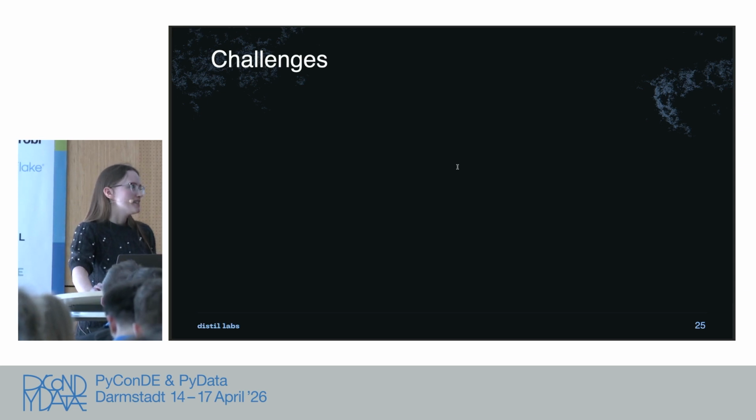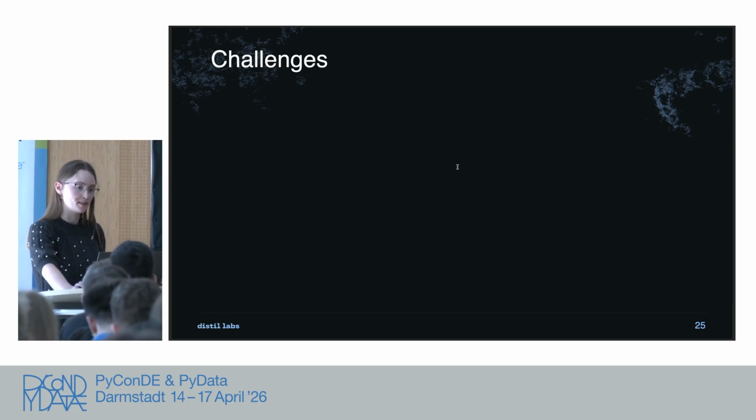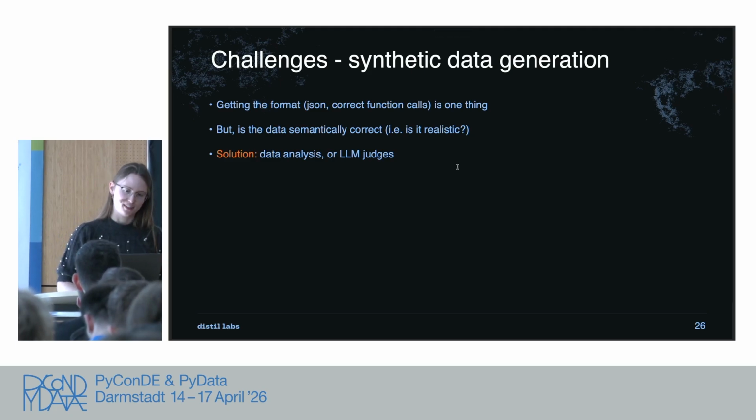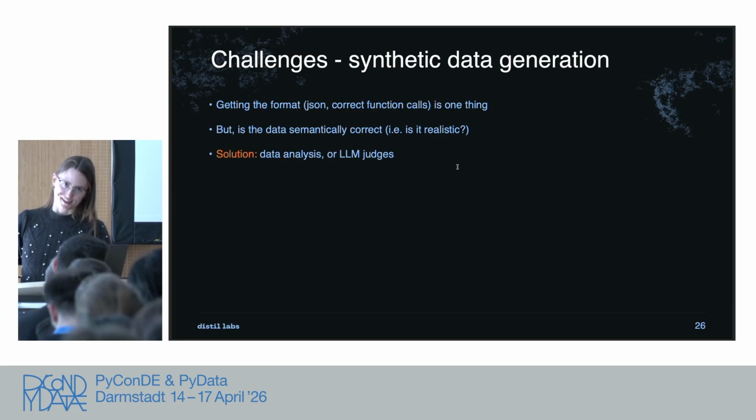This was already quite simple, which is okay because some practical tasks just are simple. But then there are some challenges that you need to solve. Identifying when a JSON is not a correct JSON is pretty easy on a code level. But then identifying if the synthetic data is actually good, does it make sense?